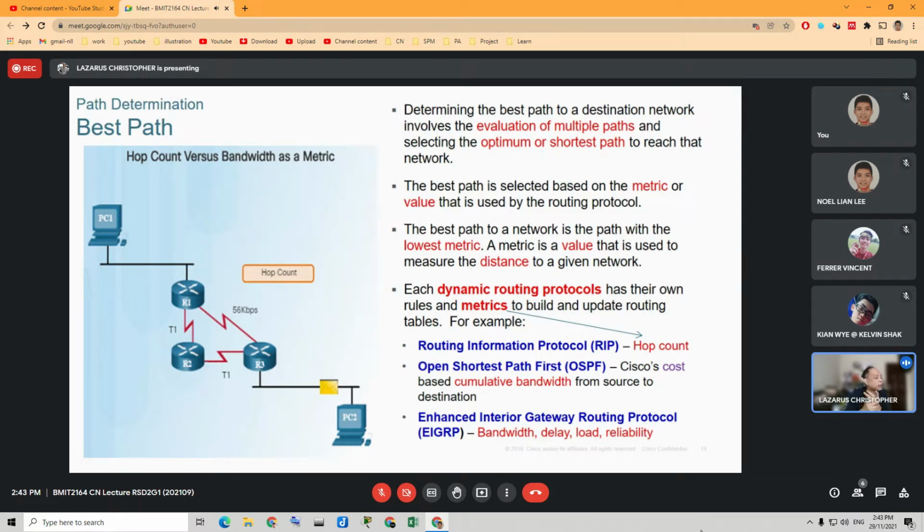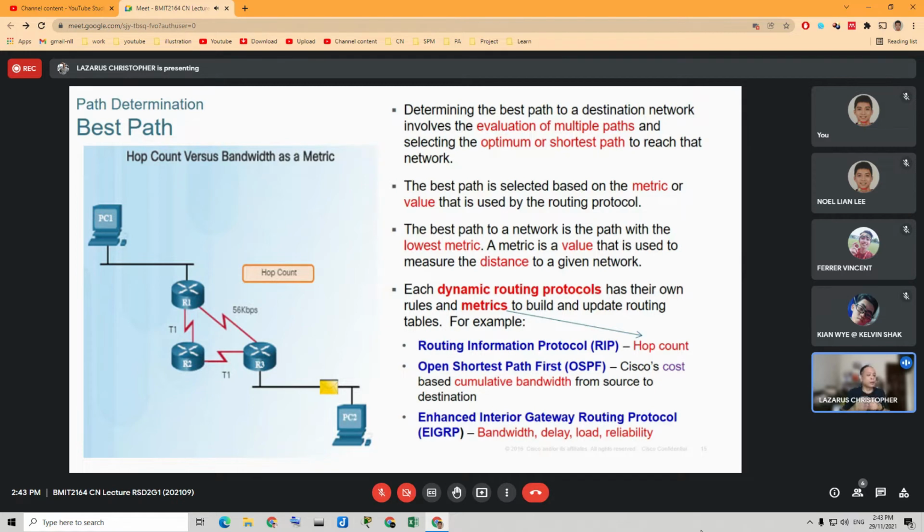Noel doesn't like jam, so a long path is also good without jam. Maybe Kelvin says a combination: I want the less jam and also the shortest path. So different criteria.